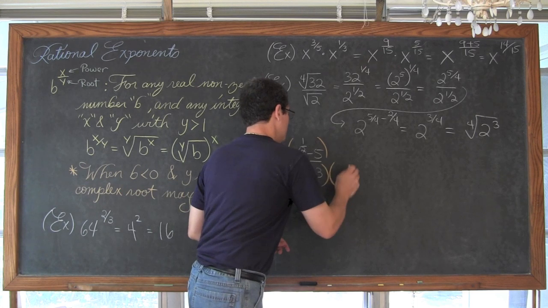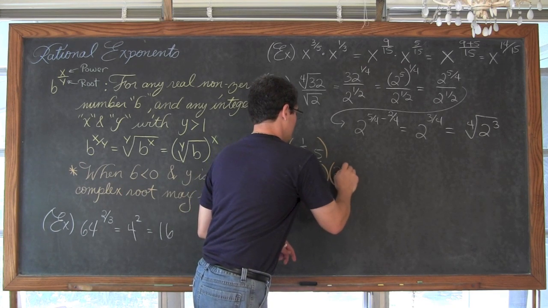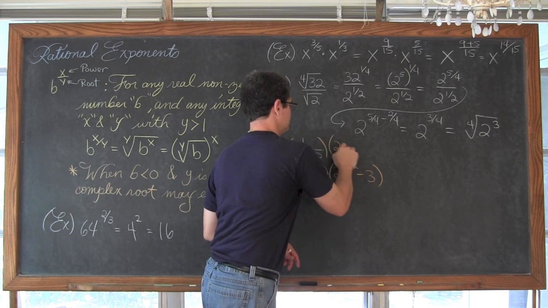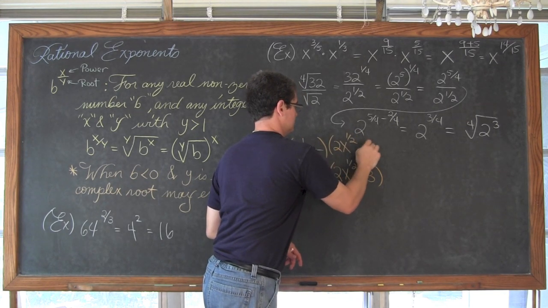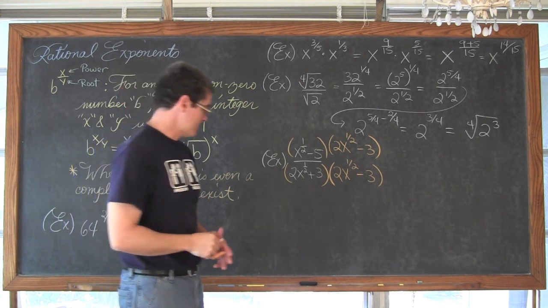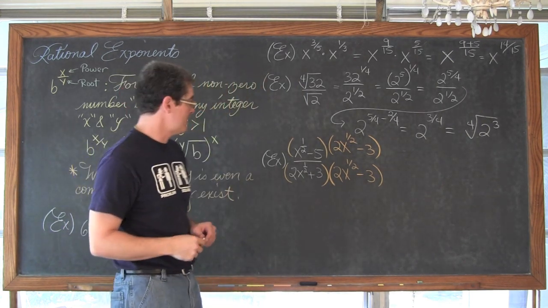So we're going to multiply the numerator and denominator by 2x to the 1/2 power minus 3. And hopefully we get that fractional exponent to go away in the denominator.